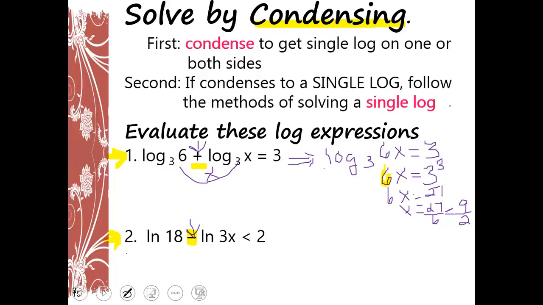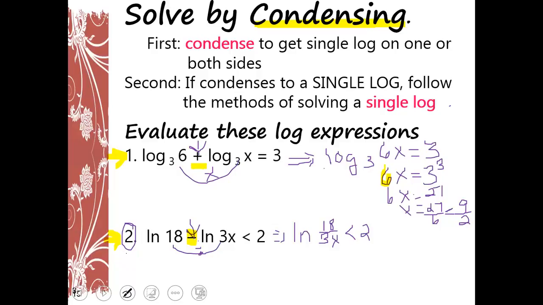In example number 2, I have a minus sign. So this means that when I condense, I have to write the log of the numbers as a ratio. So this becomes ln of 18 over 3x is less than 2.